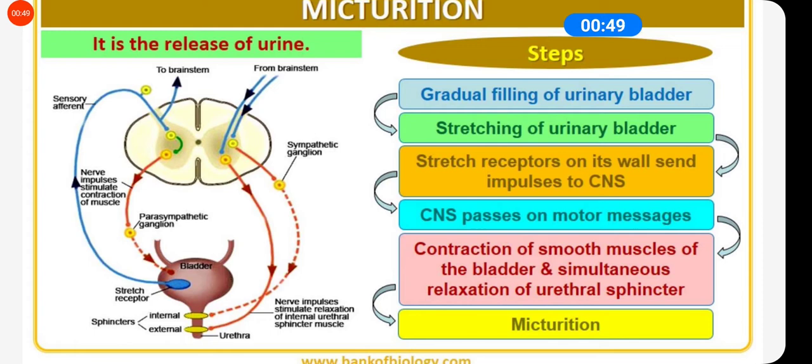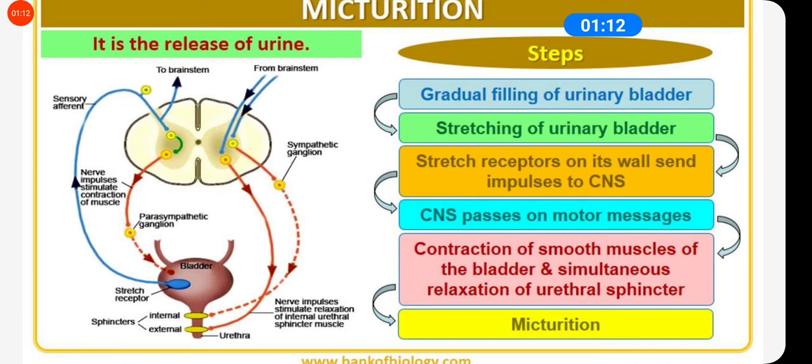So what is the passage? First from the nephron, the last part, the collecting duct, then into the renal pelvis, and then into the ureter, and the last is the urinary bladder. So there is a gradual filling of the urinary bladder with the urine.